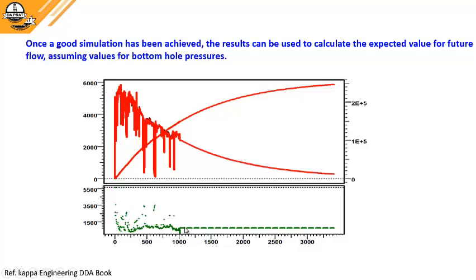You just use a constant, or you can use a ramp of pressure, or you can decide which pressure you think it's going to be, based on the operational side. So once done this, you can do this forecast here.